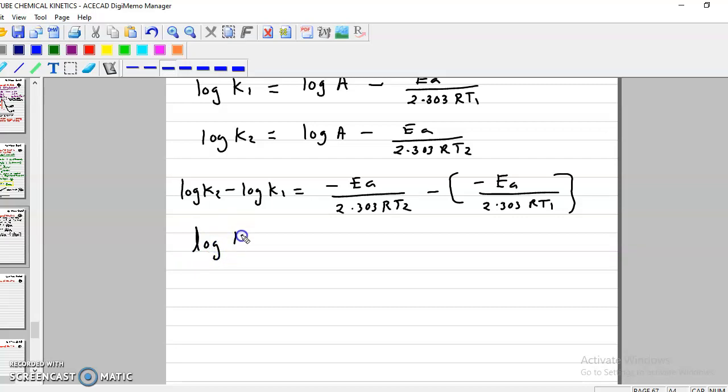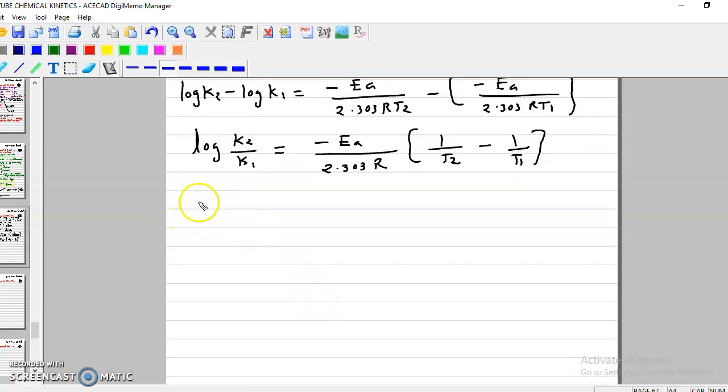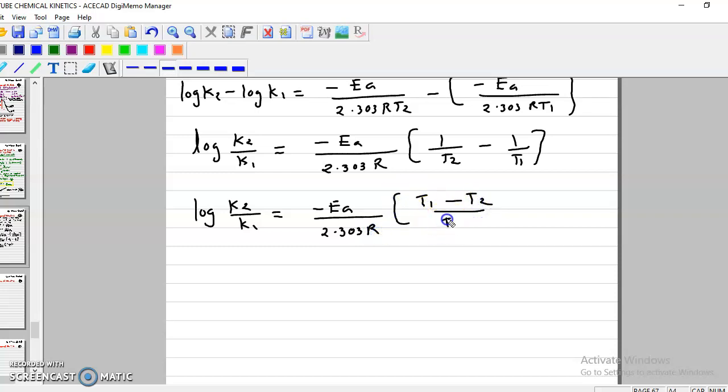So log K2 upon K1 is equal to minus Ea upon 2.303 R bracket 1 upon T2 minus 1 upon T1, or log K2 upon K1 is equal to minus Ea upon 2.303 R bracket T1 minus T2 upon T1 T2.